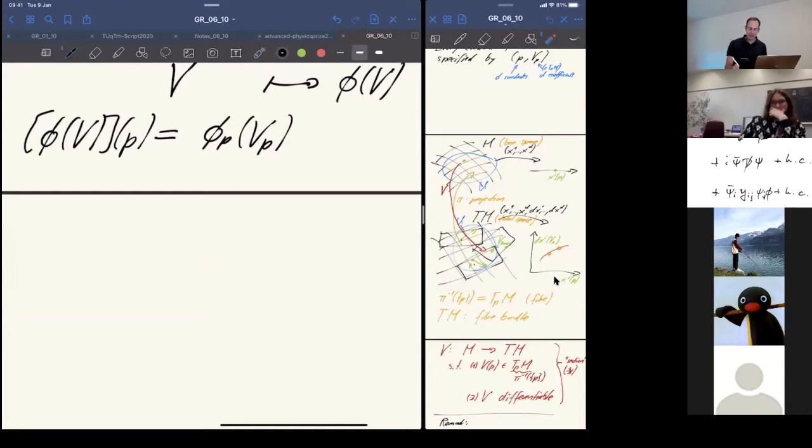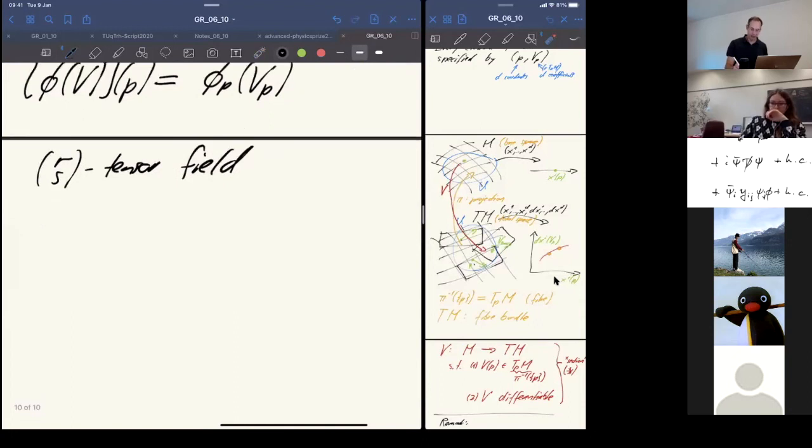And now finally, we can define an (r,s) tensor field. And then we have really all we need, because whenever we are with tensors, we are in the fully general regime. So what is an (r,s) tensor field? Maybe I don't even write this because it's written in the script, and I will have to write it anyway as a start for the Thursday lecture, because we will then prove a few properties about tensor fields. It's just the same idea that a tensor so far was just defined as a tensor on one tangent space.